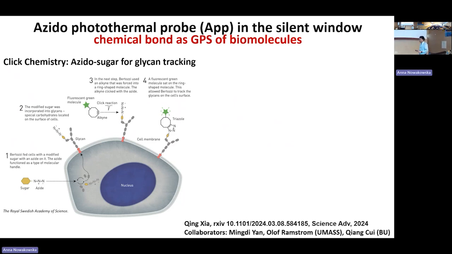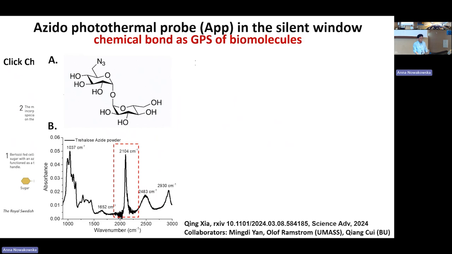For visualization, the click reaction is used to conjugate the azide with alkyne and with a big fluorophore or rhodamine for fluorescence imaging. This method, however, only allows one snapshot of the final state of the molecule, because the click reaction involves washing, like you do immunofluorescence.